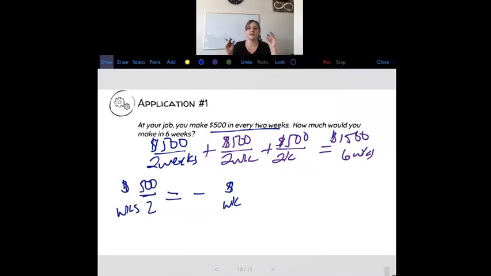Okay, so we're saying that the two fractions are equal, so it has to be the same units on top and bottom. We want to know how much you'd make in 6 weeks, and then question mark or x for the unknown. And for this, you could cross multiply or see, okay, 2 times 3 gives me 6, so 500 times 3 will give me the value that I want.